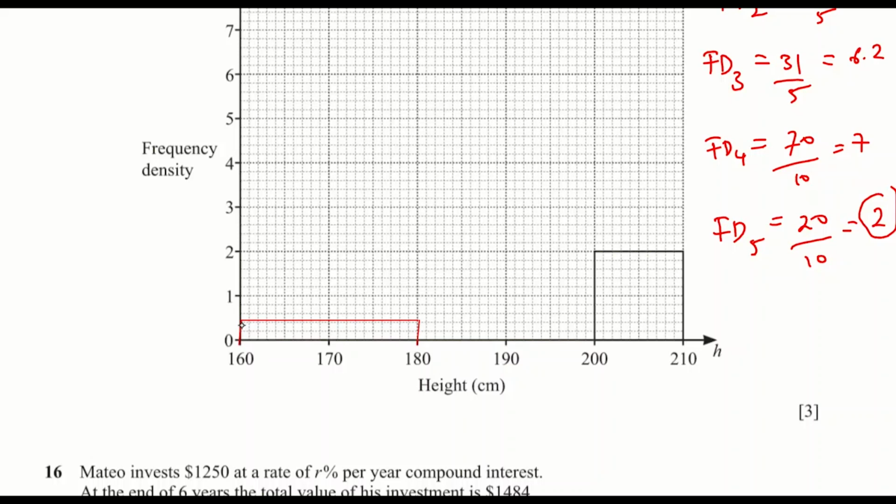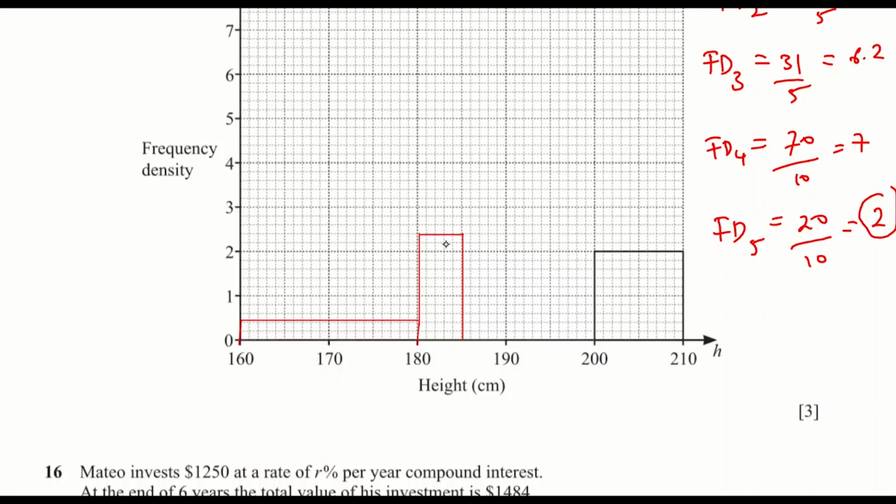The second interval is 180 to 185, and the frequency density is 2.4. So 180 to 185 is from here to here, okay, and the frequency density is 2.4. So this will be 2.2, 2.4. I can take it from here like this, then close it on the top.